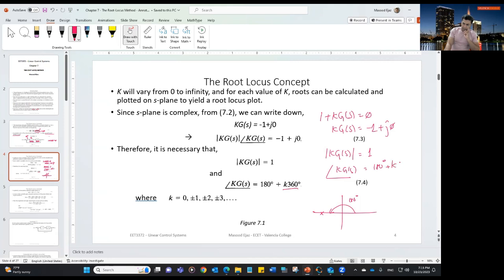Every time it rotates 360 degrees, it's going to be on the same negative x-axis. So the phase of KGS can be either 180 degrees, 180 plus 360, 540 degrees, 180 plus 720 degrees. All of those phases correspond to the phase of KGS, because 1 plus KGS is 0, so KGS is -1.